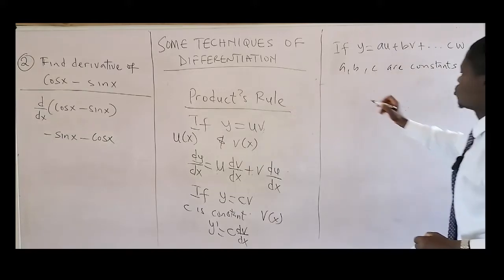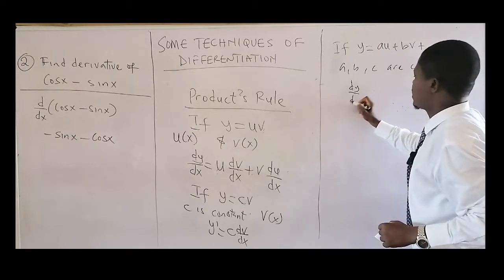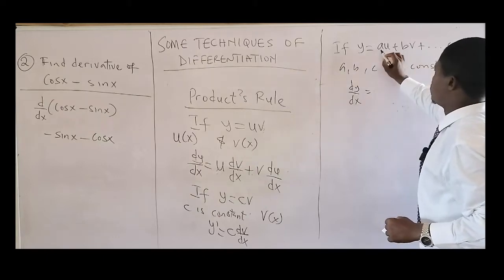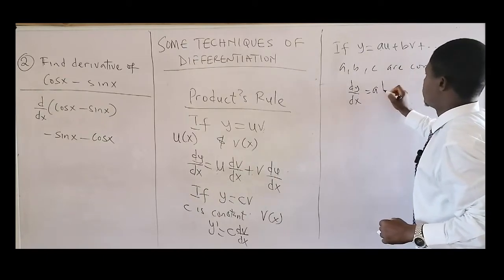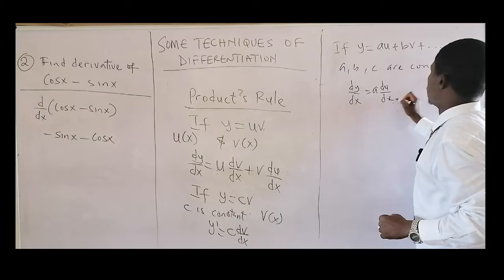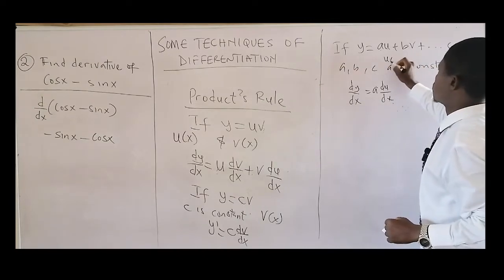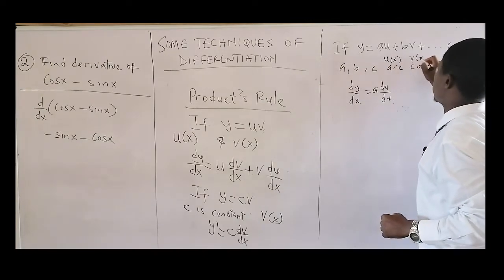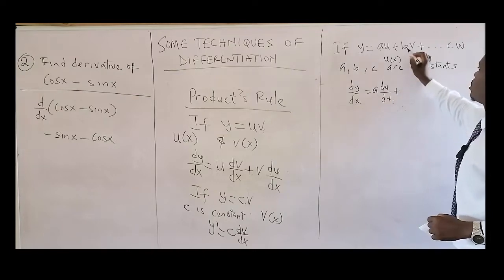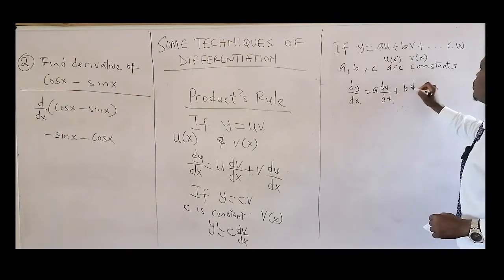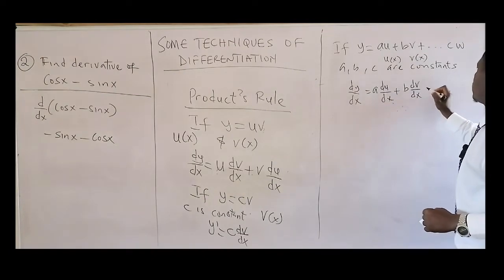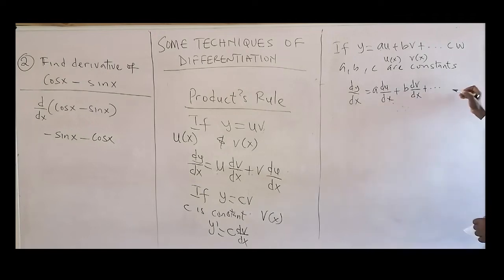Your differential coefficient dy/dx will be equal to A outside times du/dx, and don't forget u is a function of x. B also is outside, times dv/dx, then plus, finally, C is a constant, times dw/dx. So that's that on that case.